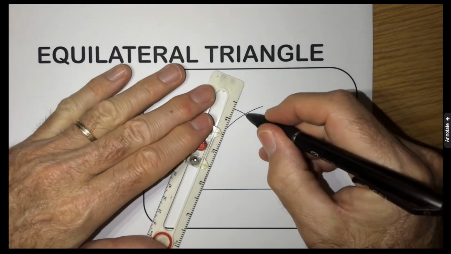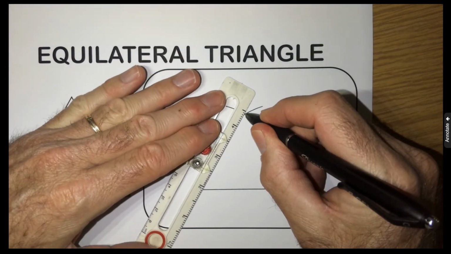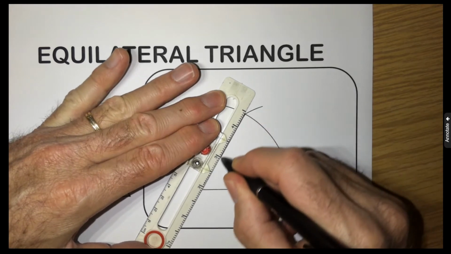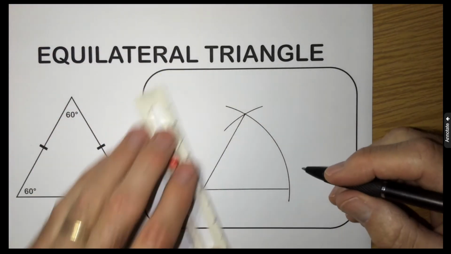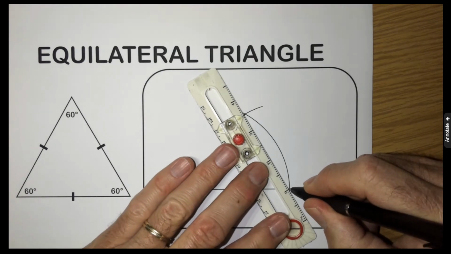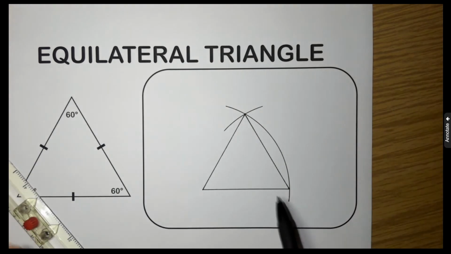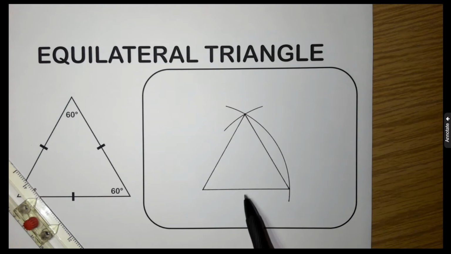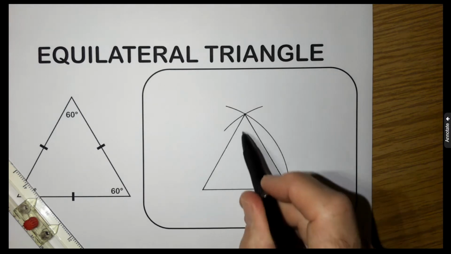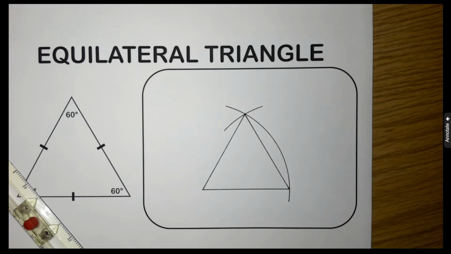So now if I connect this vertex at the top with the endpoint of my original segment and the other endpoint of my original segment with that same X that will be the vertex at the top, I have just constructed an equilateral triangle. Every side is exactly the same because I used the same compass radius for every side, and every angle is 60 degrees because the 180 degrees of the triangle is divided evenly 3 ways.